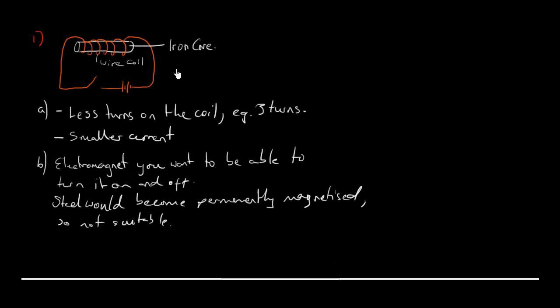Iron is a soft magnetic material, so the moment you turn off the current, whatever's making the iron magnetized, which has to do with the domains inside of the iron and the magnetic moment of the atoms in the iron, the current, the moment it goes away, then the effect in the iron is lost.